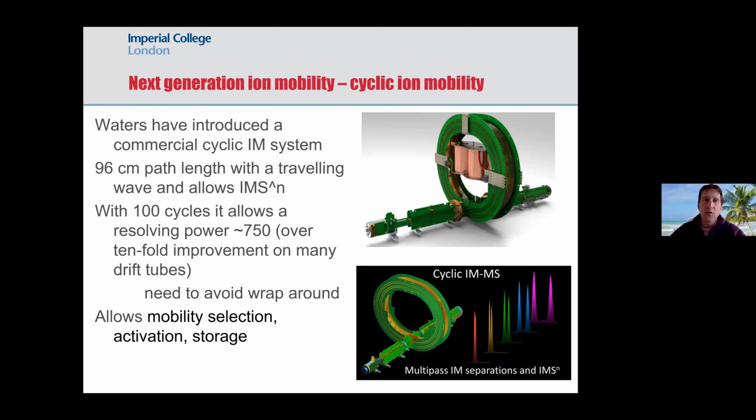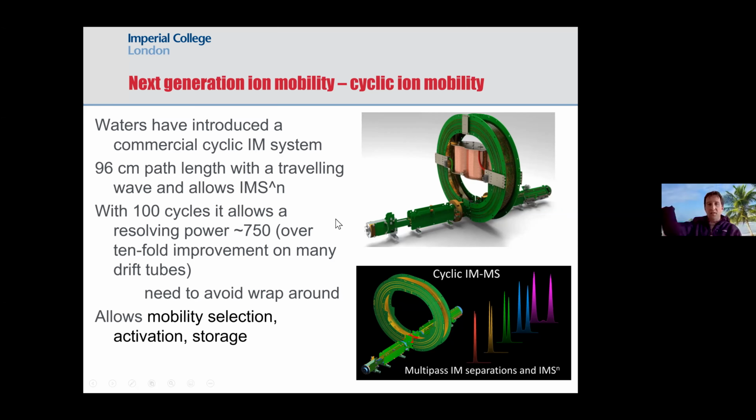Just going to finish off on a couple of things in terms of next generations of ion mobility, and we've already heard a bit about this earlier on in the talks. So this is from Waters, where they developed a cyclic ion mobility system. Around the cycle, it's 96 centimeters, I think, is the drift tube, or drift circle in this case.